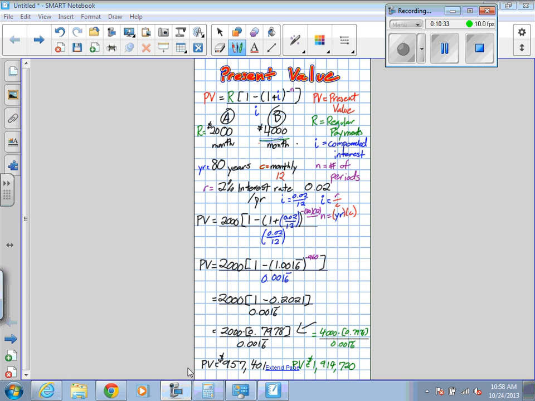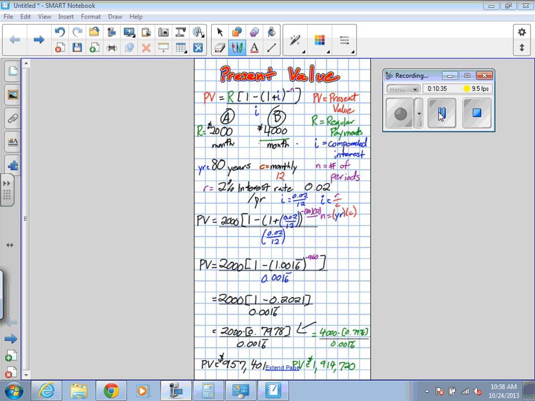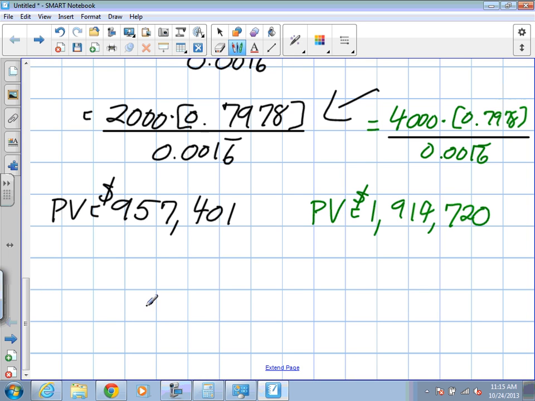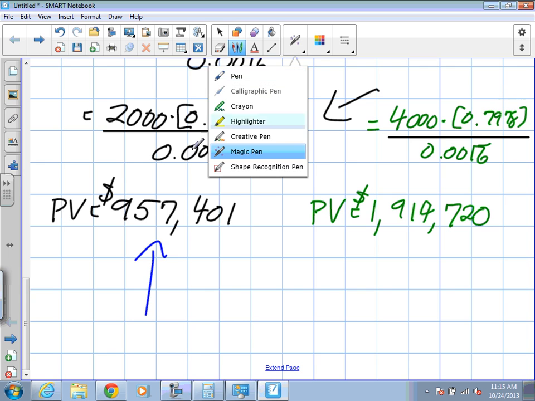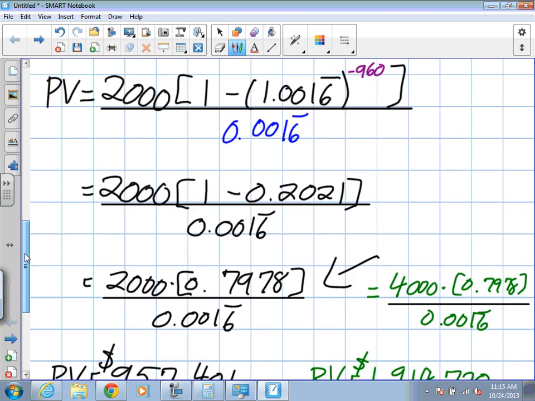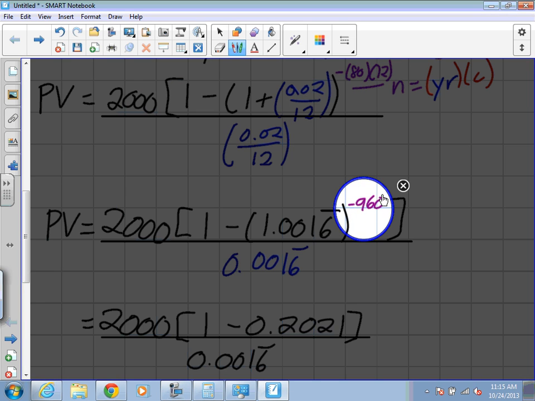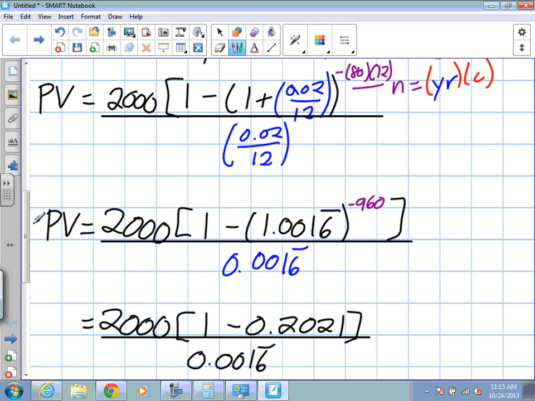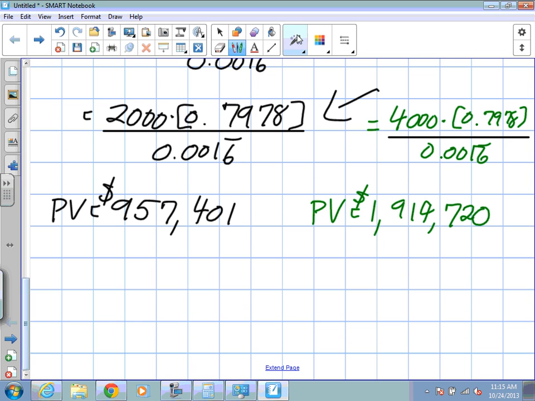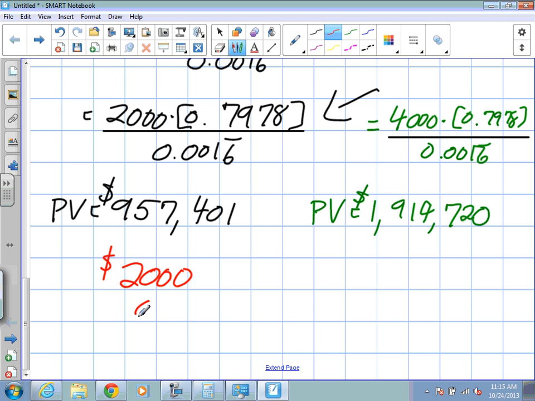So, in this one, we were taking out $2,000 a month, and we're going to figure out how many times we did that. And that's actually this number here. This is the number of times we withdrew money from the bank. 960. That's the number of periods there were. So let's actually figure out how much money we took out of the bank. If we were getting $2,000 every time we withdrew, and we withdrew that amount 960 times, how much money do we get?